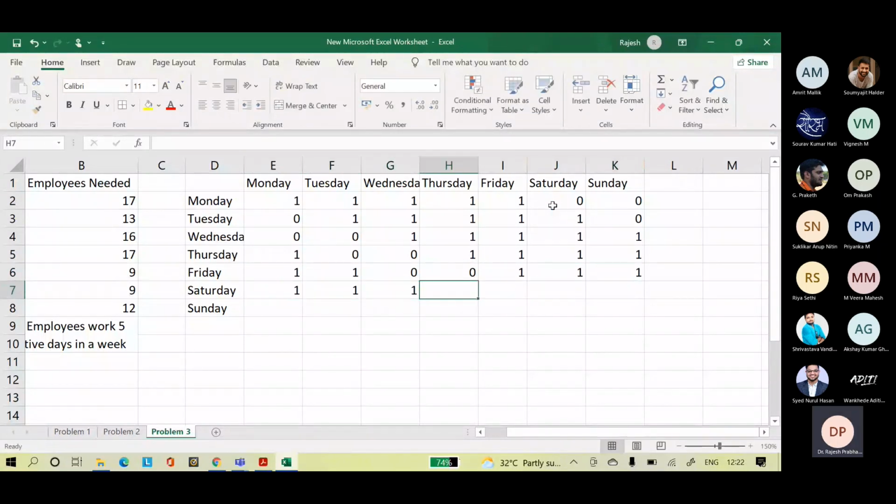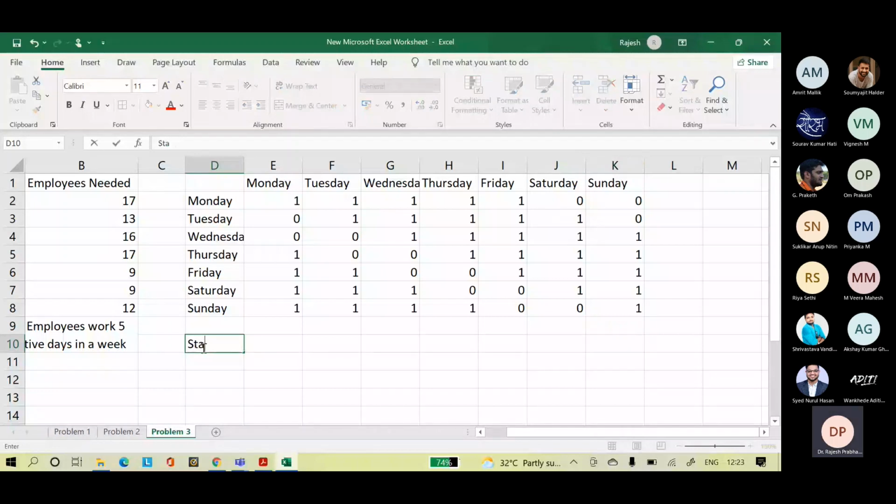Then 1, 1, 1, 0, 0, 1, and 1. Last one would be 1, 1, 1, 1, 0, 0, 1. Right? So these are the shifts. So start working with this.